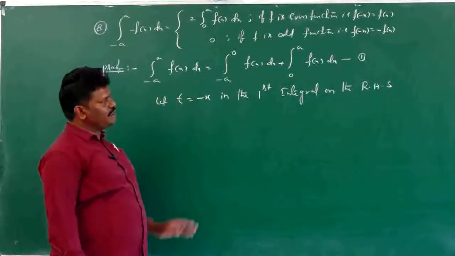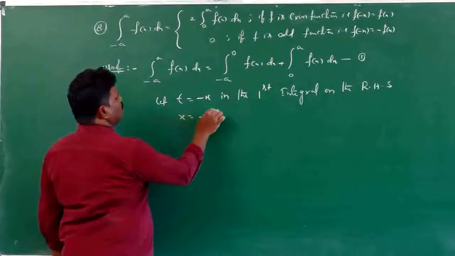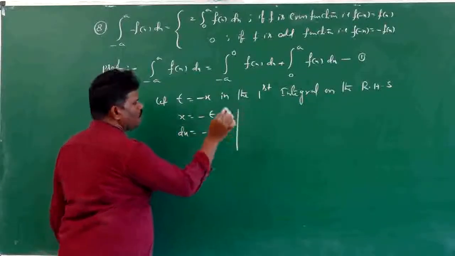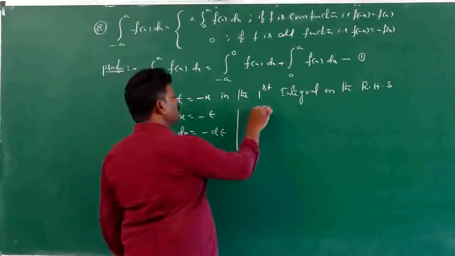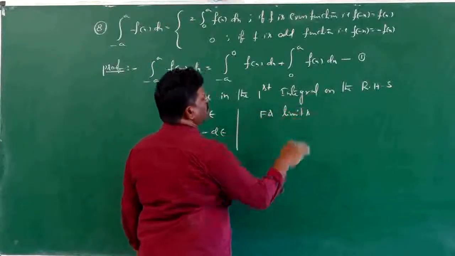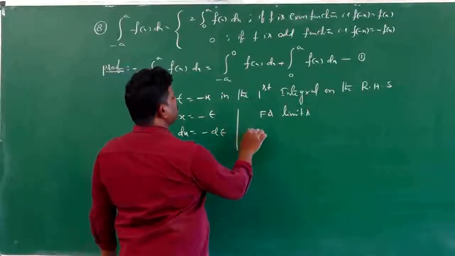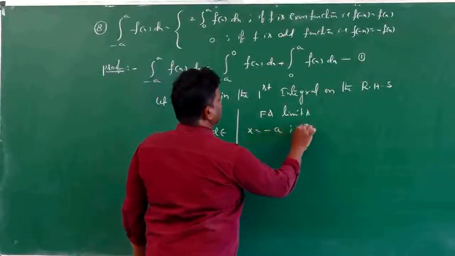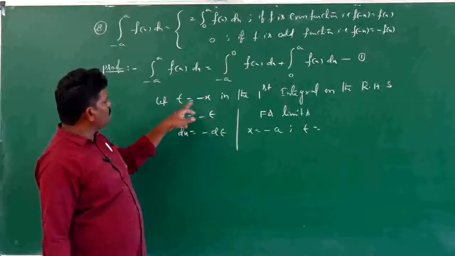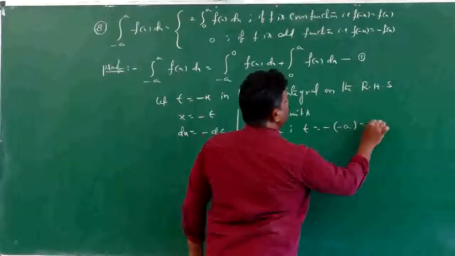Then x is equal to minus t, dx is equal to minus dt. Now to find the limits: when x is equal to minus a in the first integral, t is equal to minus of minus a, that is equal to a.